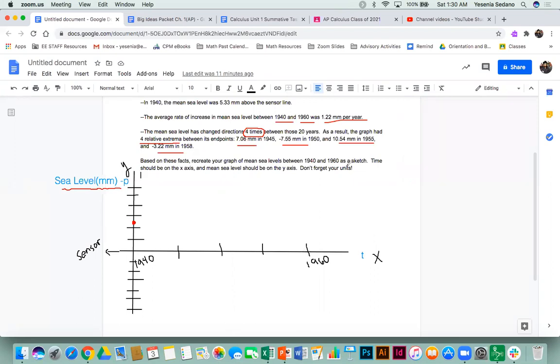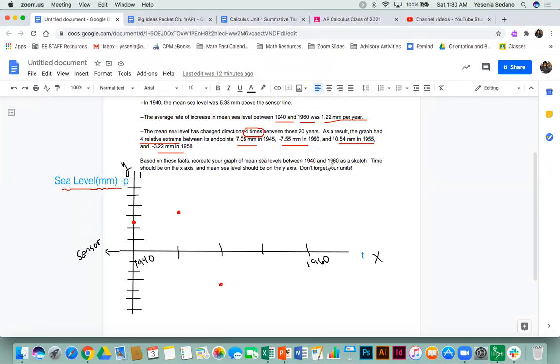Great. I have that piece of information, and we're given the extrema. Let's locate them. 1945 at 7.06. So this is 1945, it's 2, 4, 6, and probably around here. There's a slight increase up here. And it's going to be negative 7.55 in 1950, so down here about.